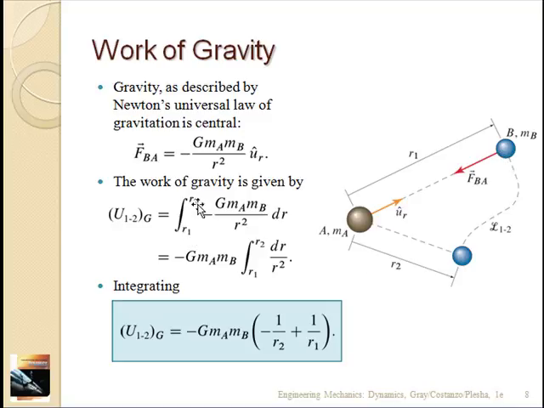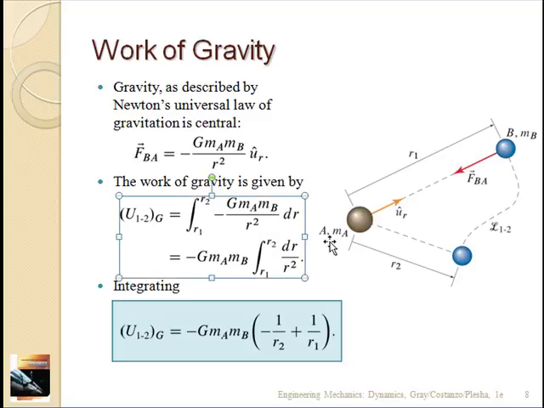Okay, so the work done in going from position 1 to position 2 along this path, for example, is the integral from R1 to R2 of GMm over R squared dr. G times M times m is a constant. We can pull those out. So it's the integral of dr over R squared.